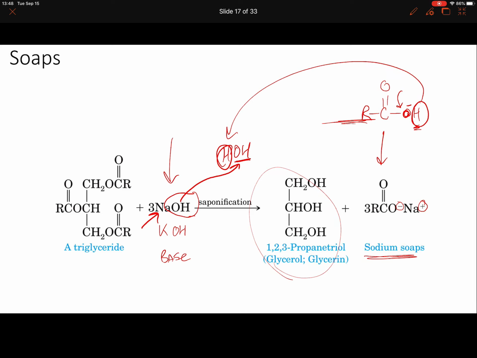And soap is really good at bridging that gap between oils and water, right? Because water doesn't dissolve oil very well. But with the soap molecules, the long non-polar portion of it actually reacts with the oil and grease really well. And then the polar side, this little polar side here, reacts with water really well.